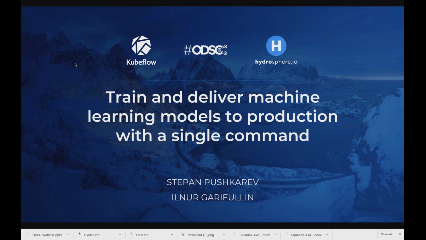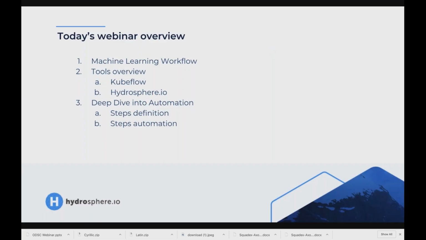So, machine learning workflow. We'll start with a general machine learning workflow. On a high level, the machine learning workflow includes the steps from research to maintenance: data preparation, model training, cataloging, deployment, integration testing, production inferencing, with monitoring and maintenance in between.